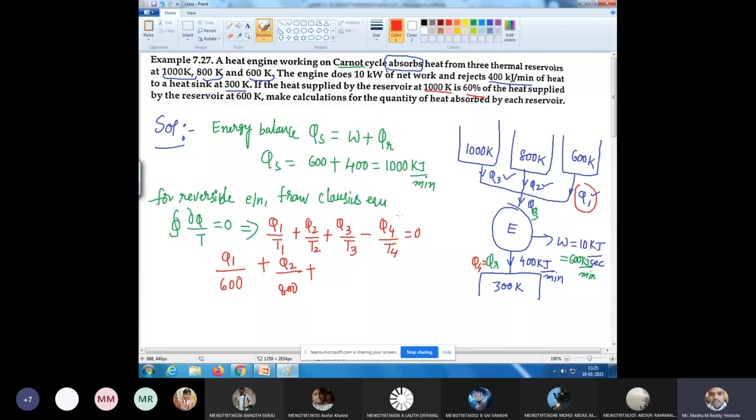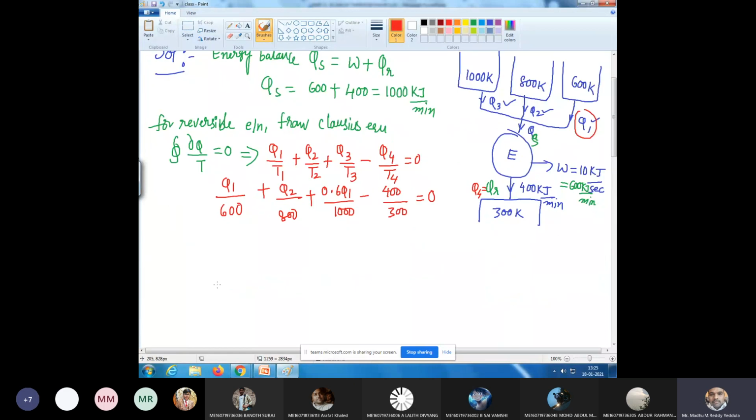The 600 Kelvin reservoir heat supplied is Q1. Therefore, this is 0.6 Q1 by 1000, minus Q4, which is given as 400, divided by 300, is equal to 0. Okay, right. So what is the value of Q1 plus Q2 plus Q3?